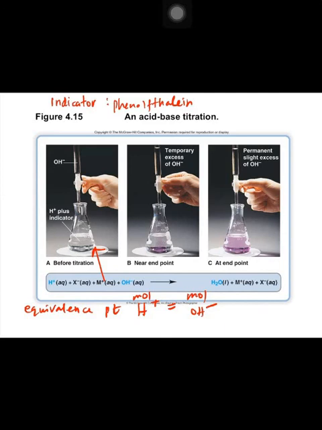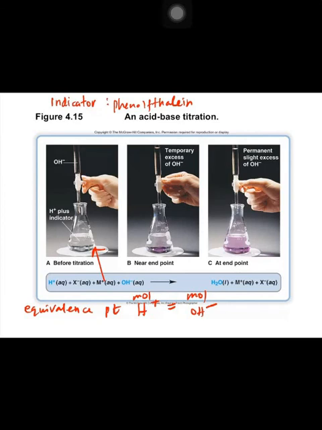So kalau kita guna phenolphthalein, kita kena letakkan indicator before we start titrating. Sebelum titrate dah kena letak dah a few drops only, and then kita akan titrate. Titrate lah sampailah we reach equivalent point.